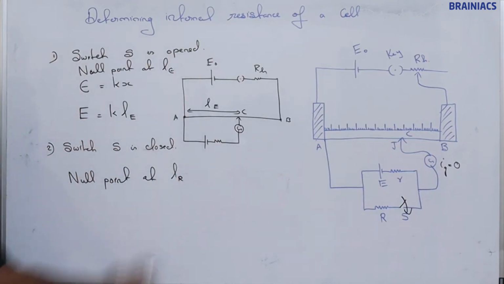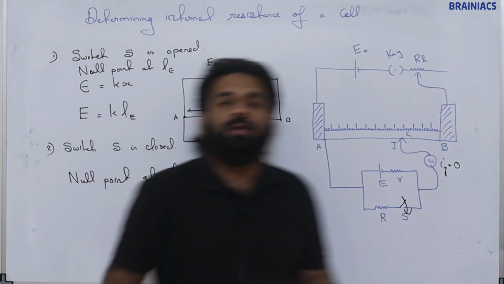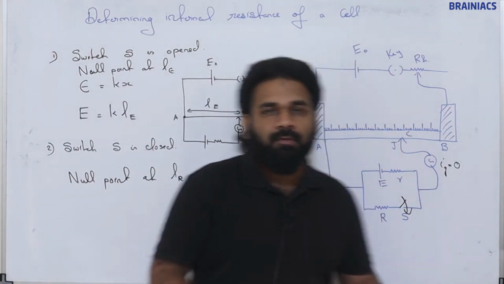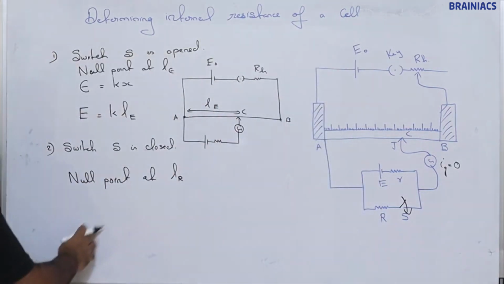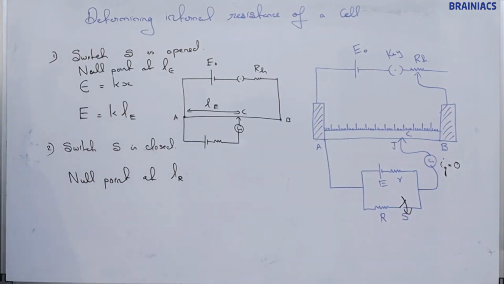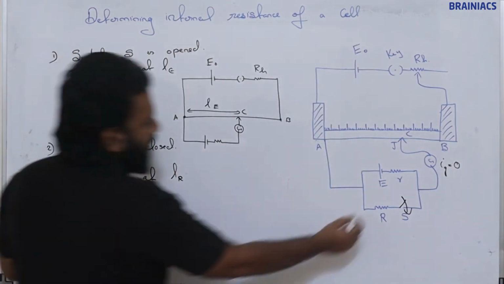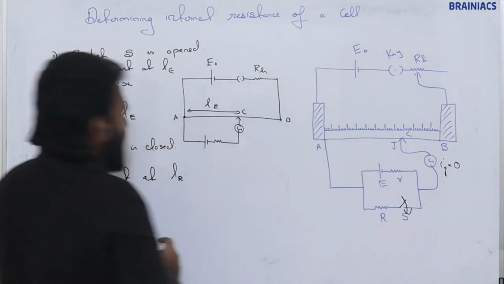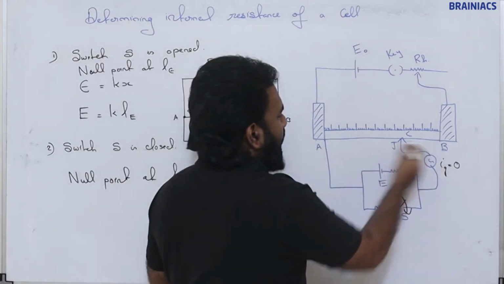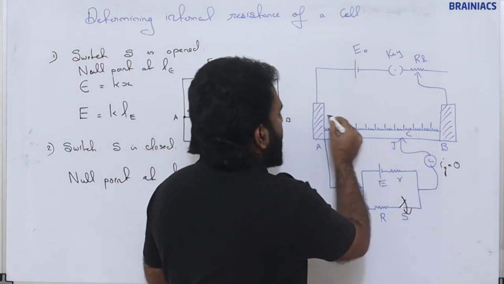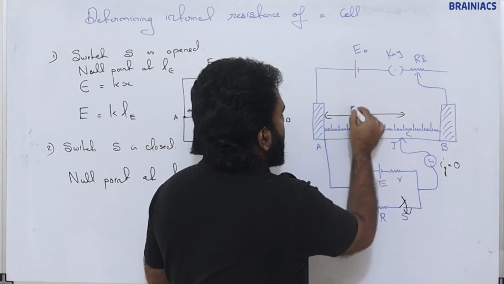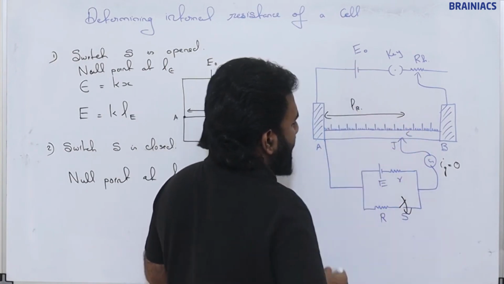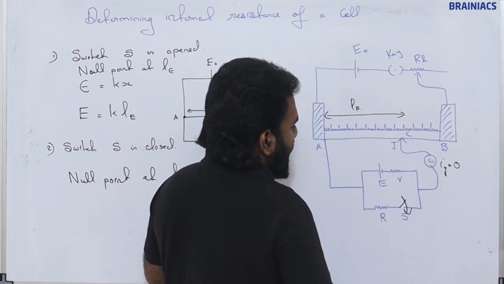I am just naming whatever name you want, you can give L1, L2, whatever is fine. Okay, null point we got at LR. That is when this is connected. So again, null point we got at LR. Ig is equal to 0.